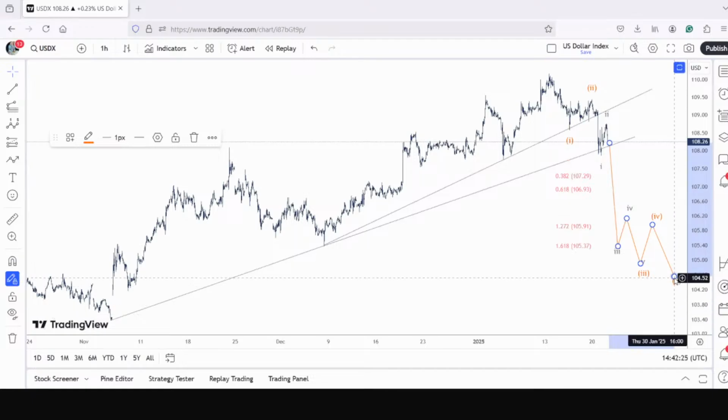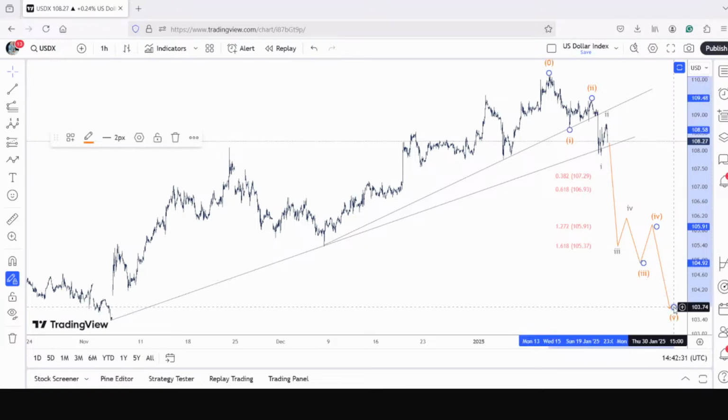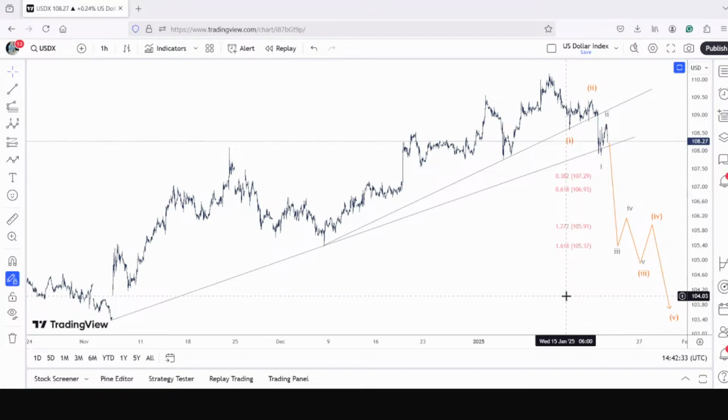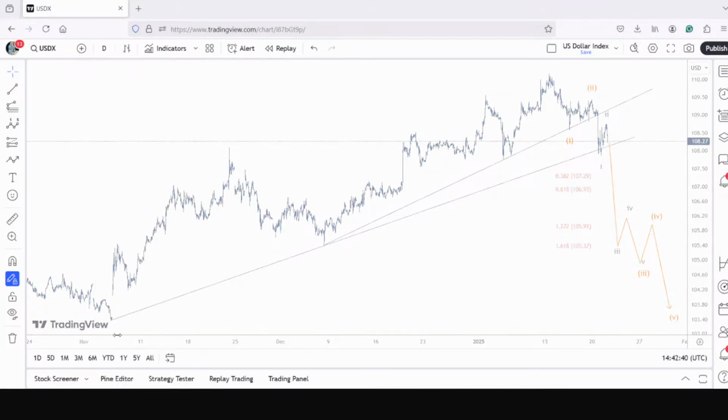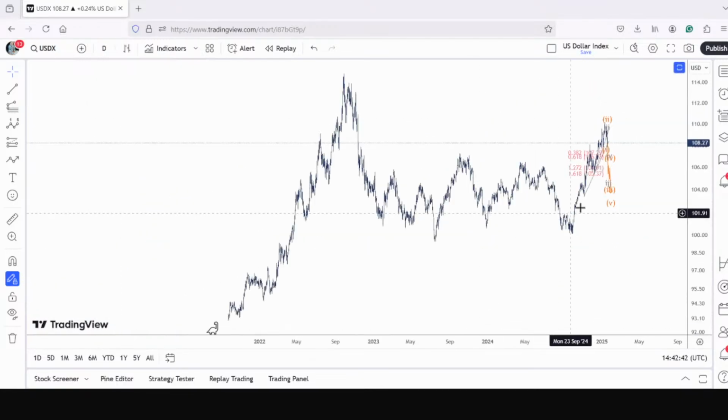This wave 5, I won't be surprised if it drops all the way towards that support around 103. So, brothers and sisters, we are now looking for the dollar index to drop all the way through the 103. There you are. That's the major support, one of the major supports actually, and eventually we are going to go below that low, 98.